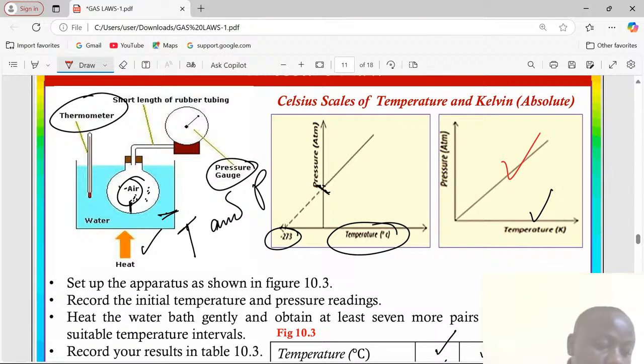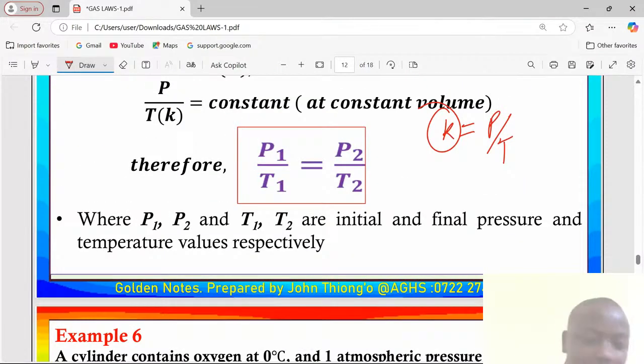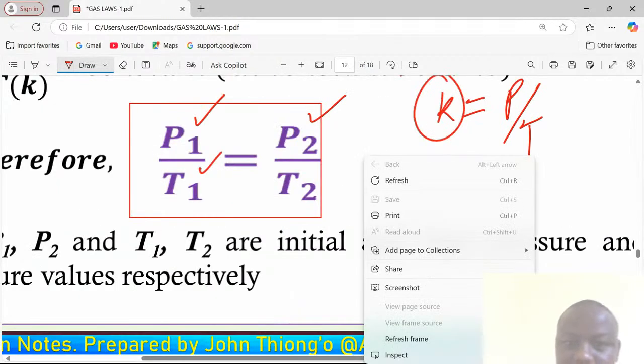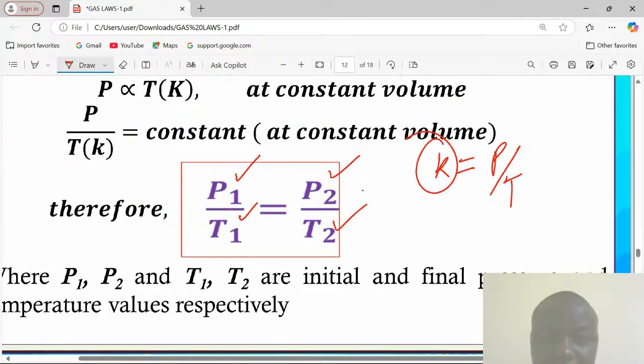The gradient is uniform all through. Whenever you vary pressure and the corresponding temperature, we expect the constant to be preserved. Therefore, the ratio P1 over T1 will be the same as when we take a new sample with pressure 2 divided by the corresponding temperature 2. So that is supposed to be noted.